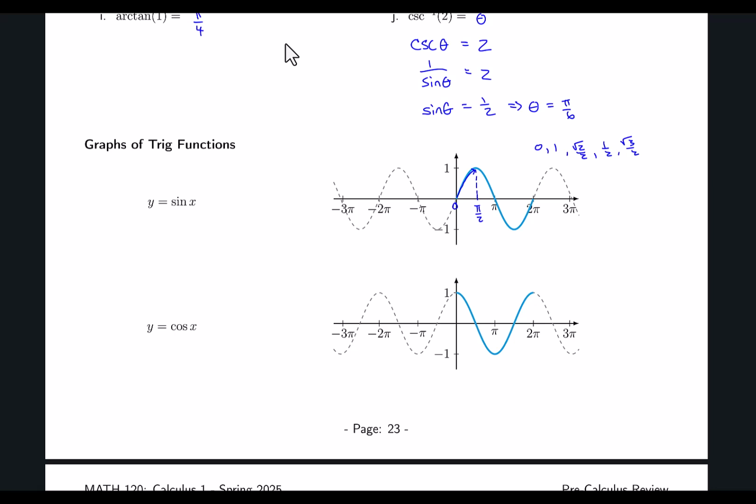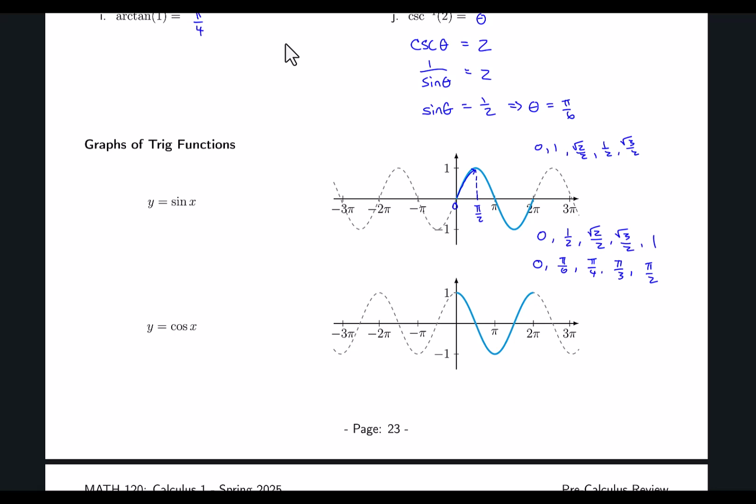Okay, but here's the thing. It's basically one of these values. And if you put them in increasing order, it would be 0, then 1/2, then root 2 over 2, root 3 over 2, and 1. And if you're in increasing order, they hit the angle measures in increasing order as well. So the angle measures associated would be 0, pi over 6, pi over 4, pi over 3, and pi over 2.